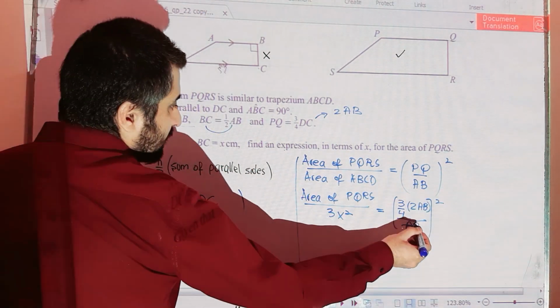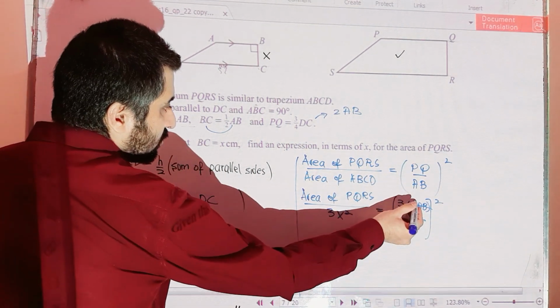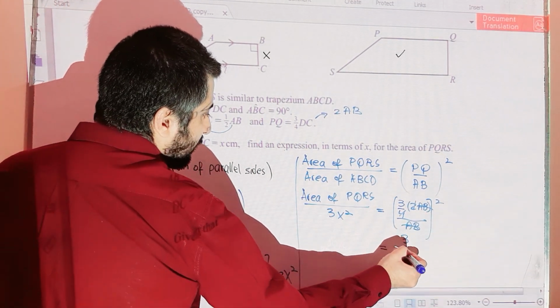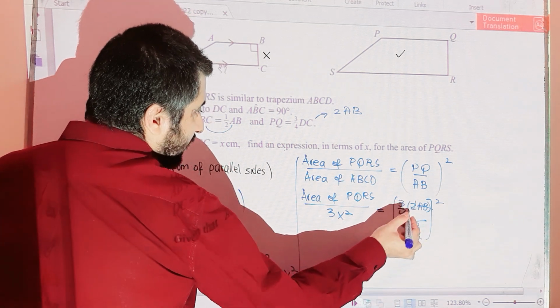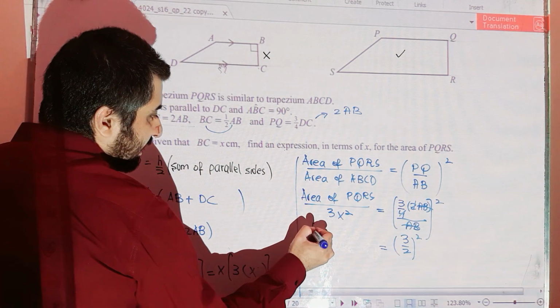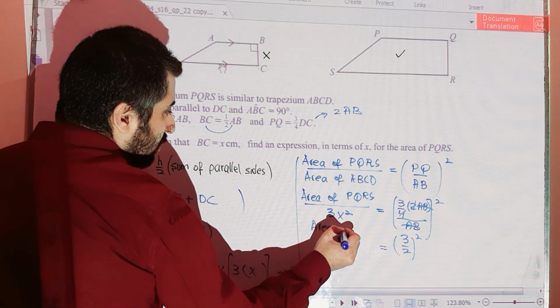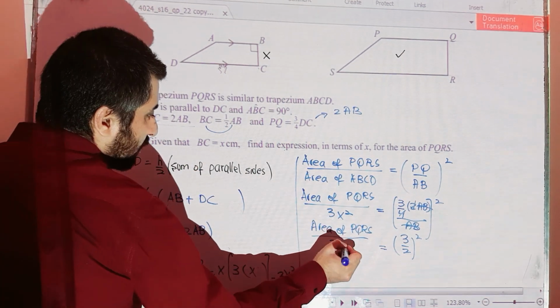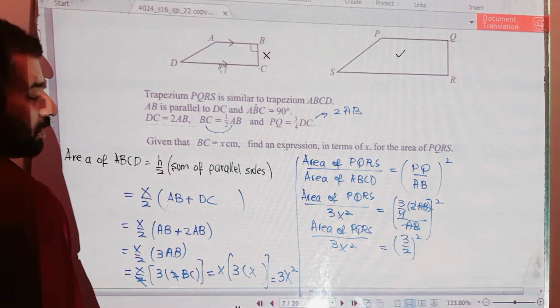Now you can cancel this AB with this AB, whereas this 2 and this 4 can be cancelled, and upon cancellation you will be left with (3 by 2) squared. So the area of the trapezium PQRS over 3x square is equal to (3 over 2) squared.